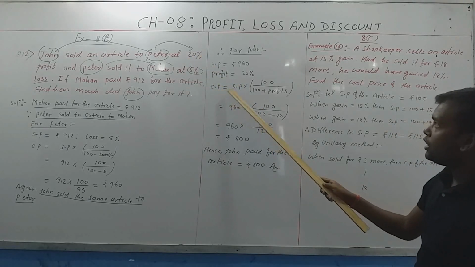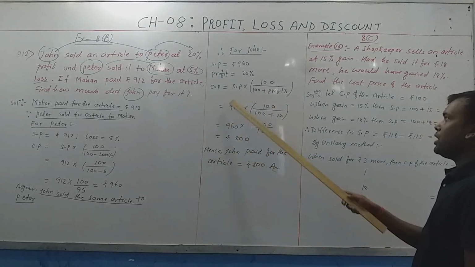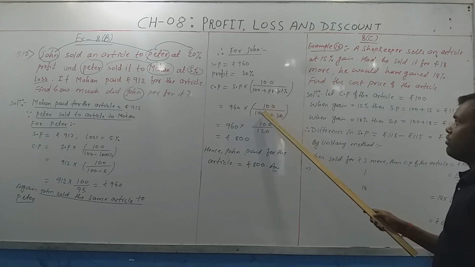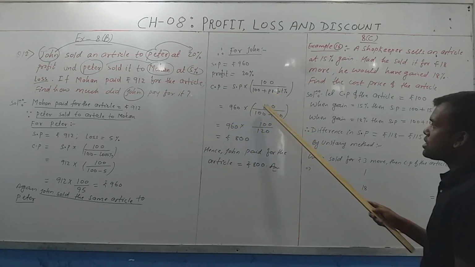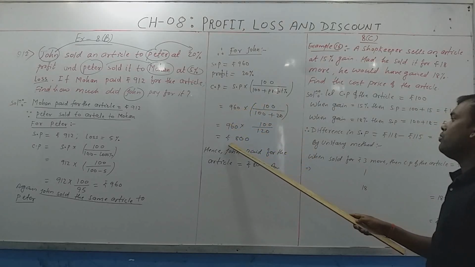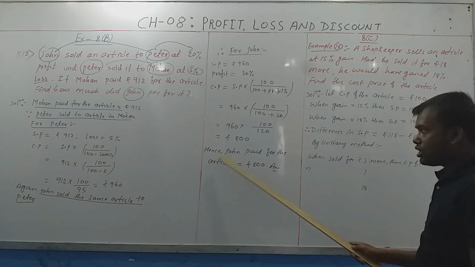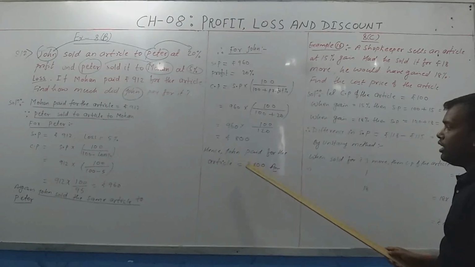So CP is equal to SP into 100 divided by 100 plus profit. Replace SP is equal to 960 into 100 divided by 100 plus 20, calculate this and it will come to rupees 800. Hence John paid 800 rupees for the article.